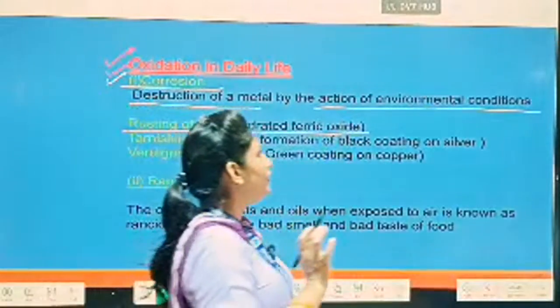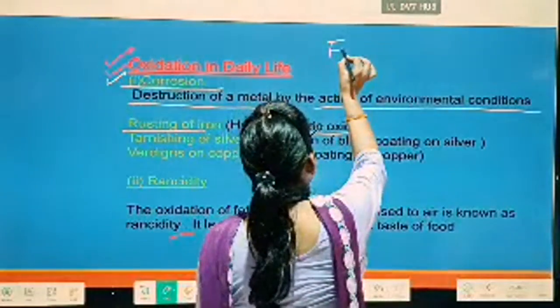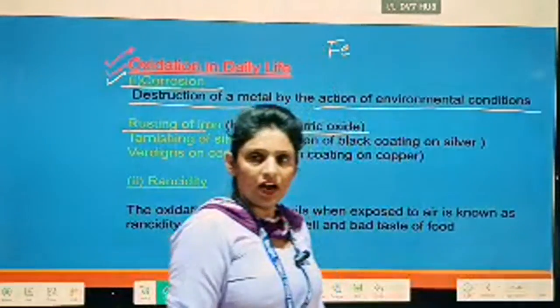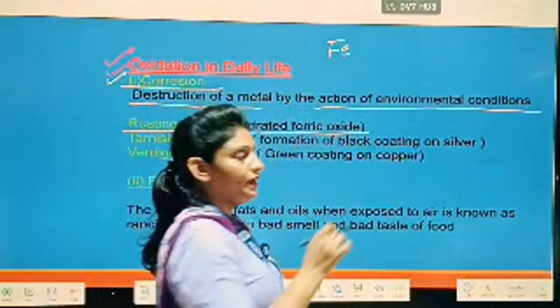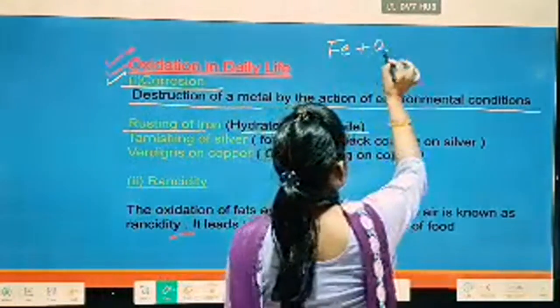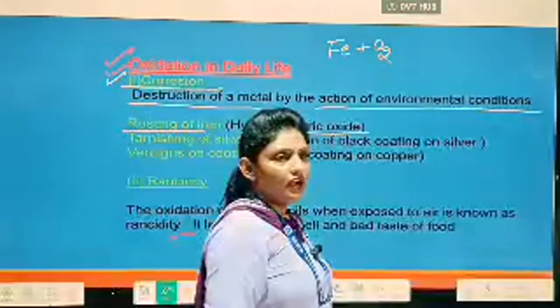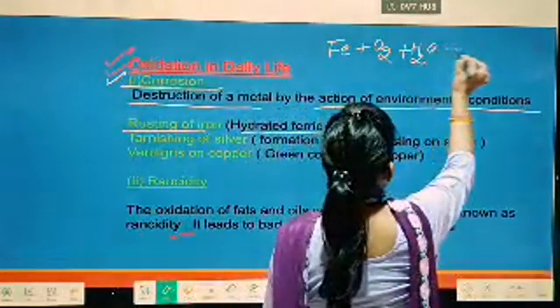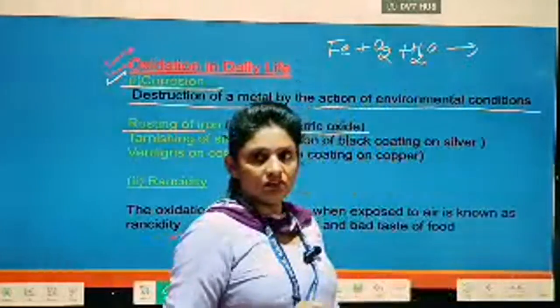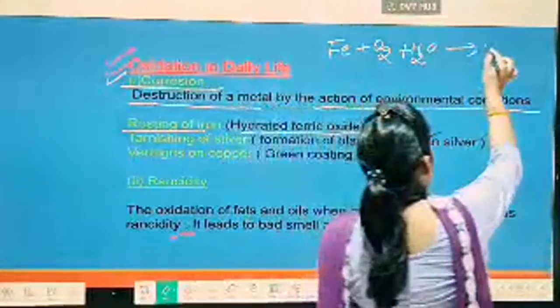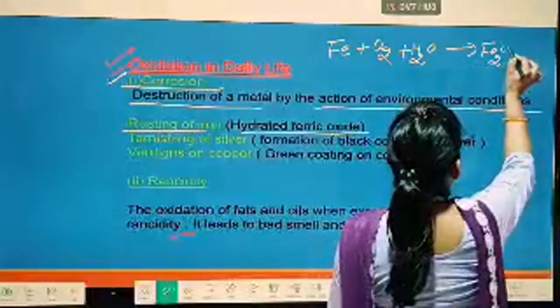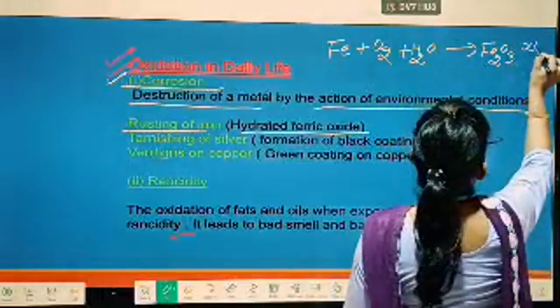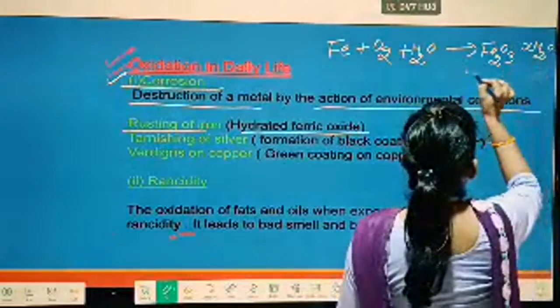What do you mean by the hydrated ferric oxide here? Students, if you have an iron article, that is Fe, what will happen? It will react with oxygen present in our atmosphere, and it will react with some water vapors present in our environment. Then students, it forms Fe2O3.xH2O. This is the formula of rust.